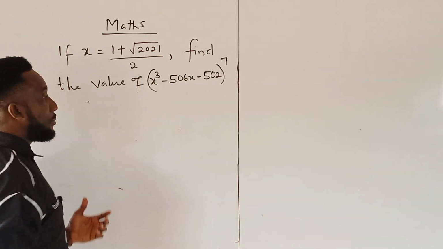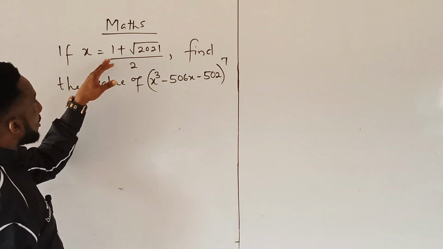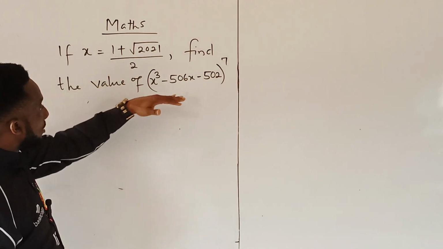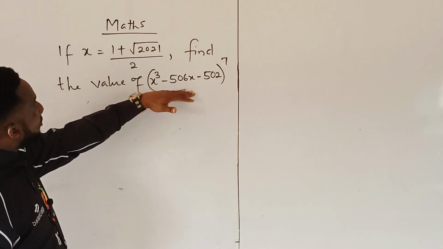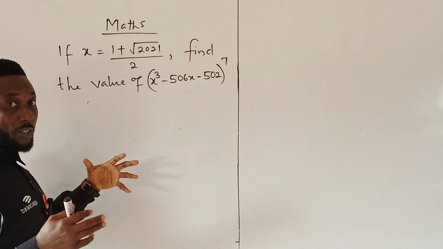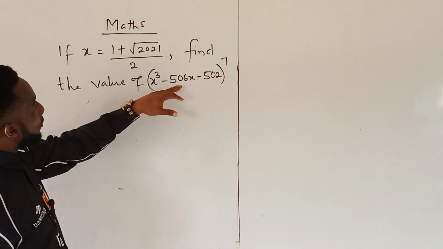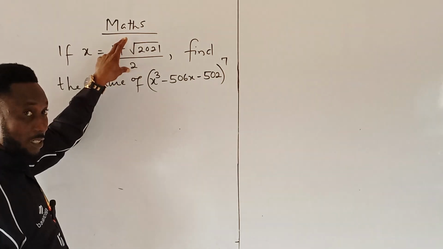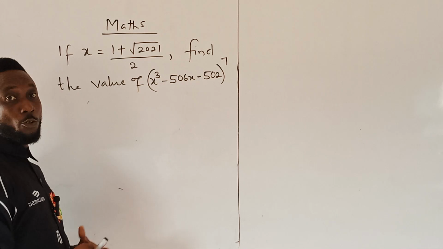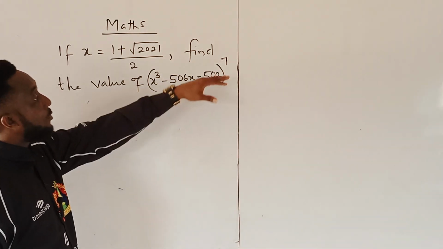Now, if you look at this problem critically, you will see that we have a radical expression here. Any attempt to put it into this depressed cubic function means we take the cube of this radical, which becomes very large. Then we subtract it from 506 multiplied by this same expression, then we subtract 502, do the rigorous algebraic work, then raise everything to the power of 7.